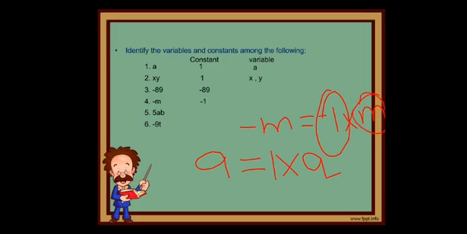See the fifth one, 5ab. Here we have a number 5 and letters A, B. The constant is a number, so 5 is the constant, and A and B are variables. See the sixth one, minus 9t. Minus 9t is minus 9 into t. So the constant there is minus 9 and the variable is t.